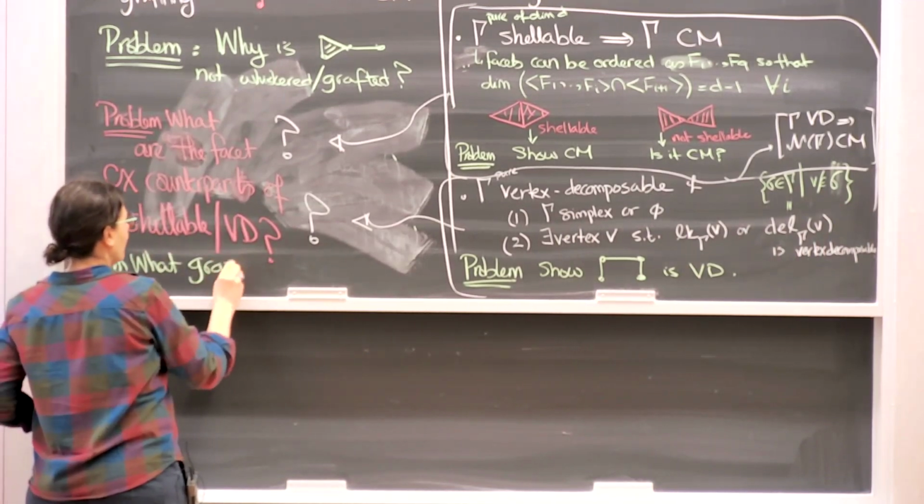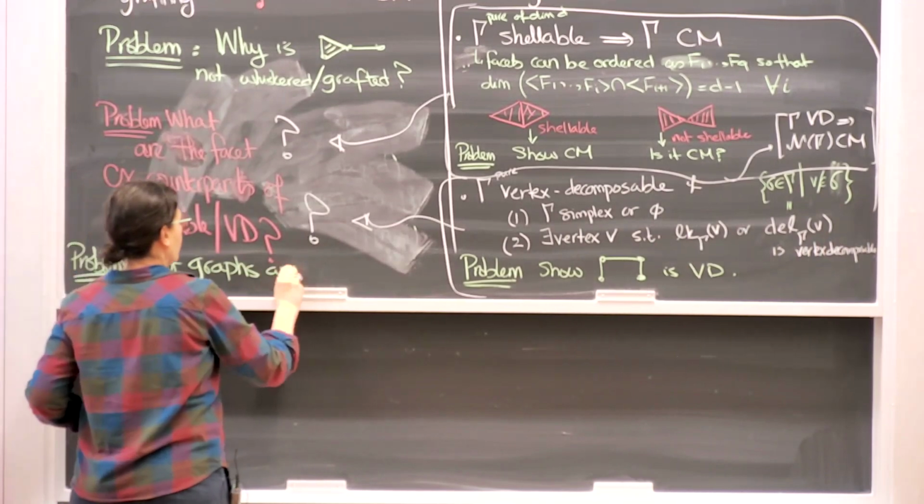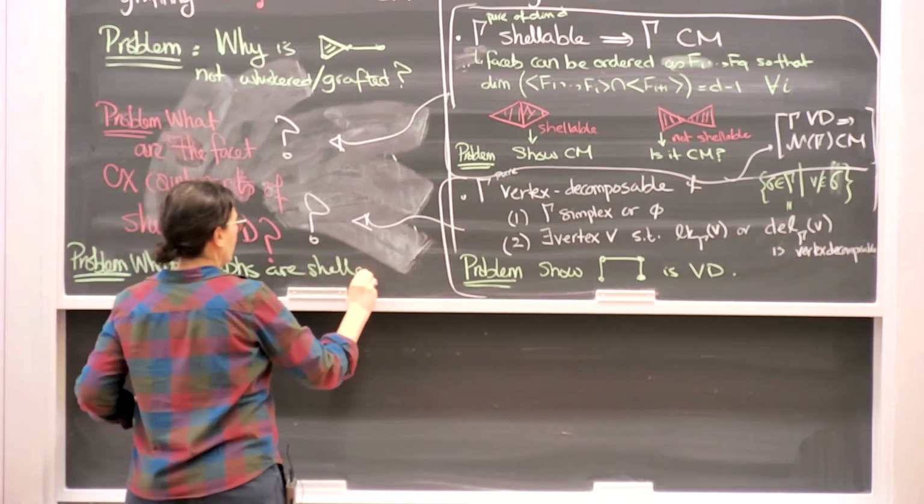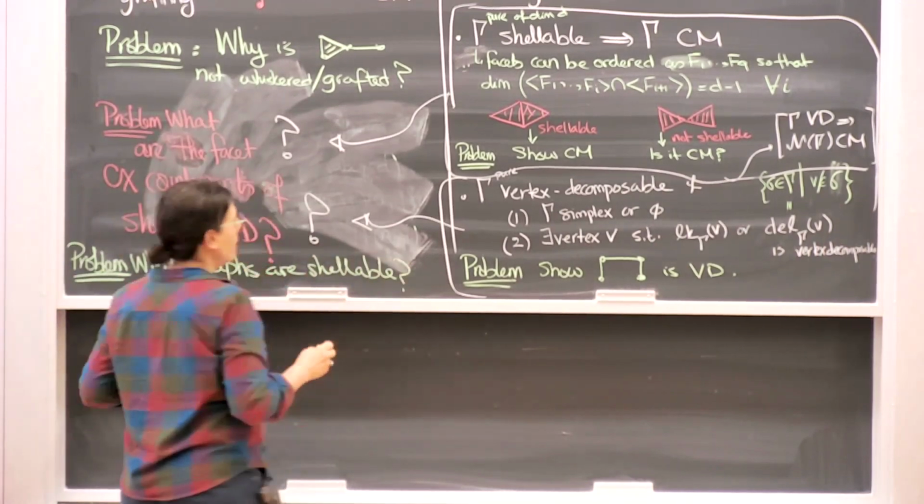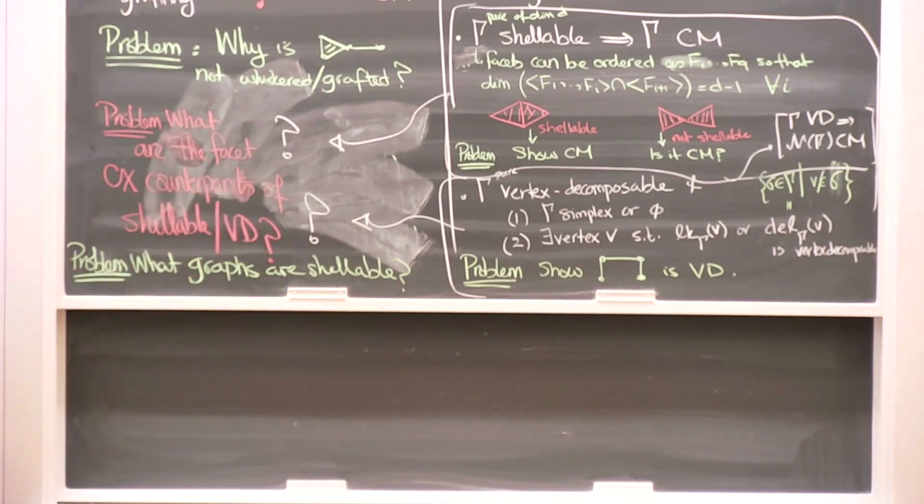What graphs are shellable? I don't mean the independence complex of a graph or anything fancy. I just mean take the graph. Because they all meet in vertices always.